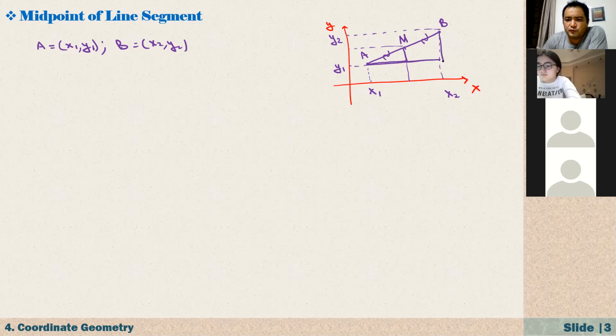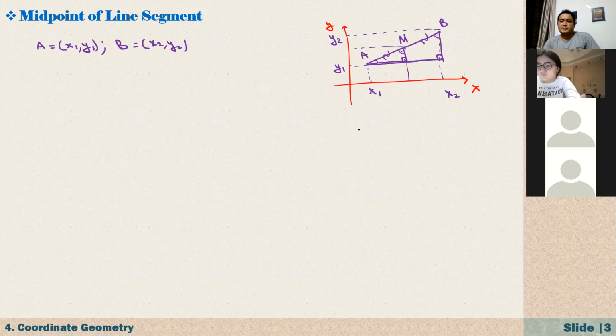What can we say about these two triangles? As you see, these two triangles are similar. When do we say that two triangles are similar? If their corresponding angles are equal. This one is a common angle, this one is a right angle, and this one is a right angle, and these are corresponding angles. So these two triangles are similar.